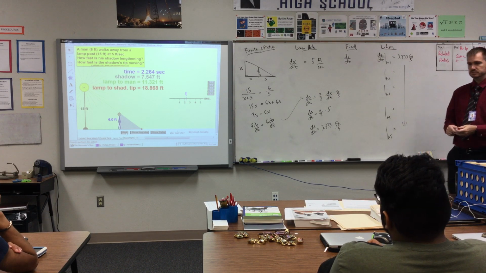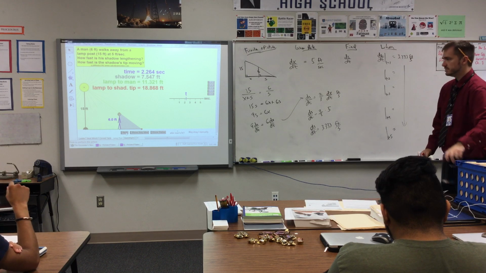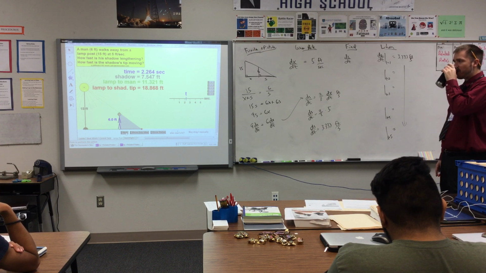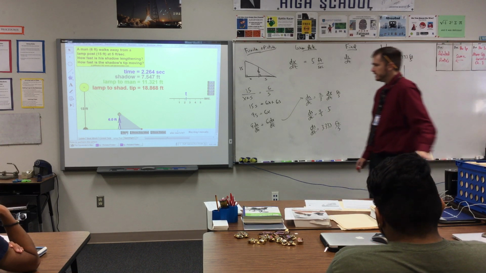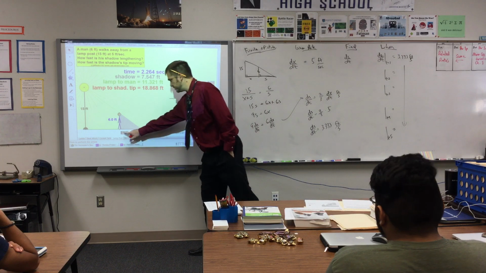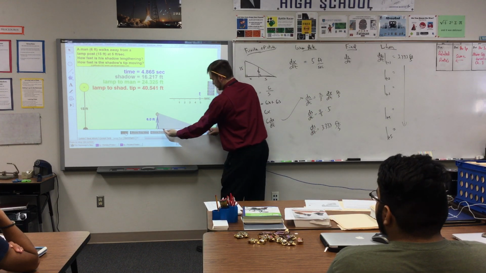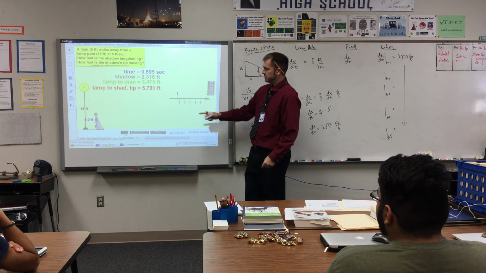Is the reason it appears to be moving faster just because he's walking along with it? Does that have something to do with it? Yeah. Let's look and see what's going on here. Oh, okay, look at that. Look at the shadow length.